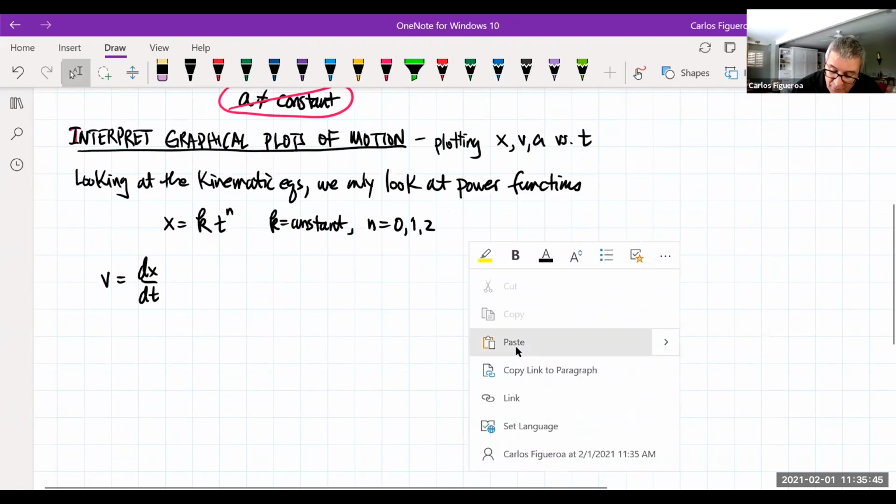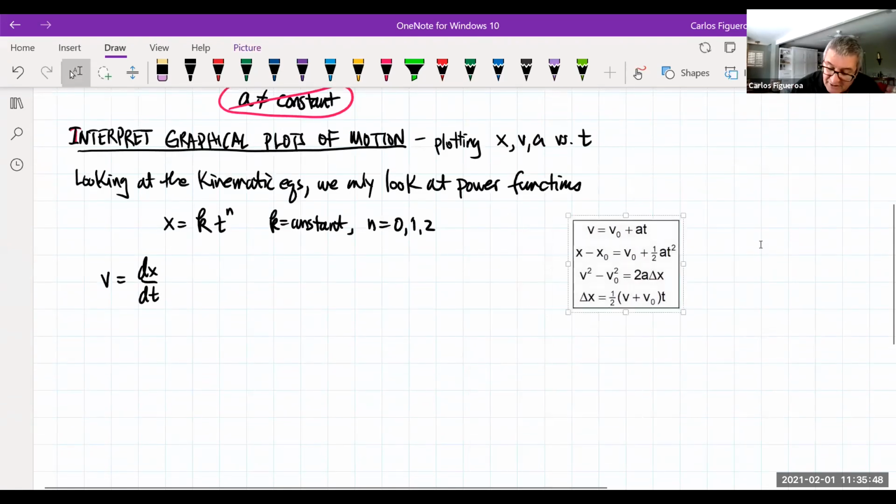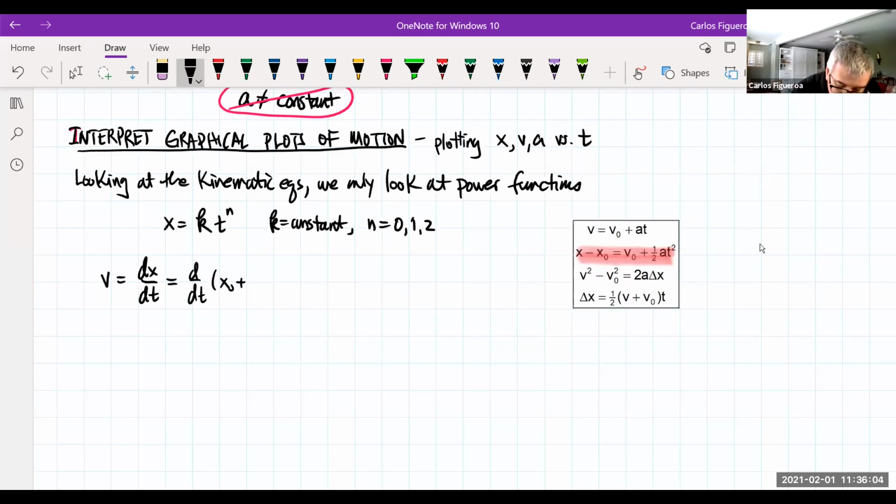If I bring these kinematic equations over here and look at the position equation, if I take the derivative of the position, x naught plus v naught t plus 1/2 a t squared, and the initial values and a are always constants, I get 0 plus v naught plus a t.